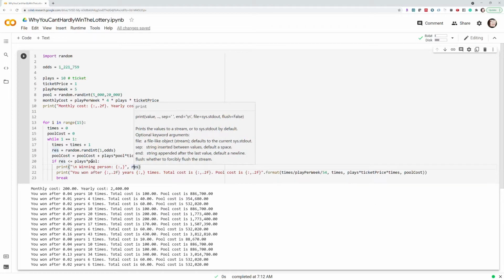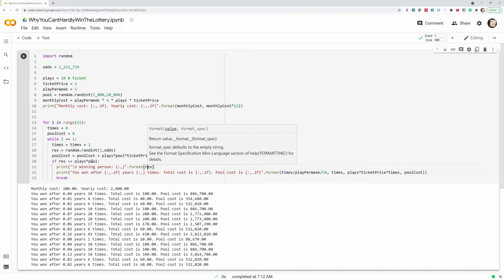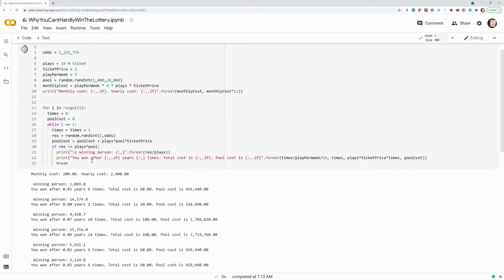Remember, we need to divide this rest by the tickets they place. Okay, let's see. I guess I can put a space here to make it look nicer.